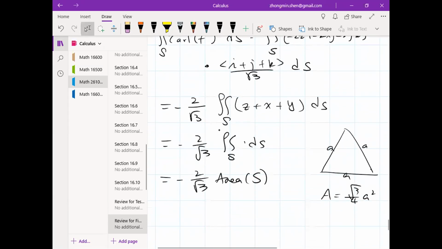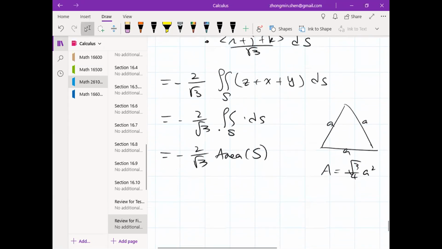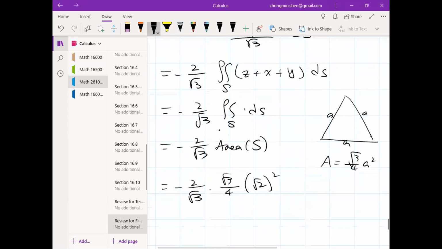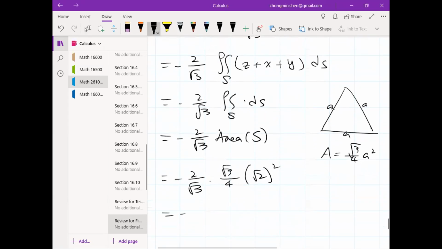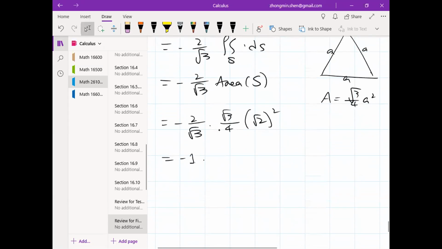But for the triangle over there, a is the square root of 2, by the Pythagorean theorem. So it's square root of 3 over 4, and a is the square root of 2, squared. The 4 cancels, and it's just negative 1.